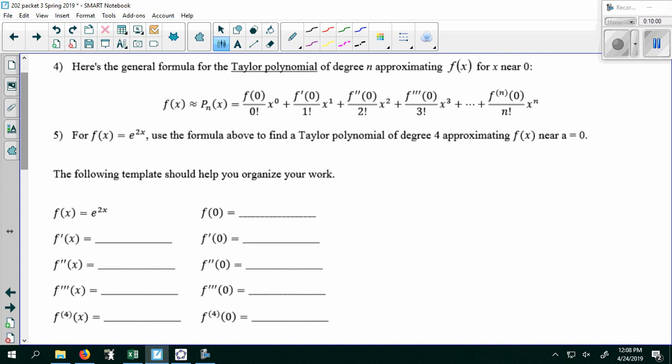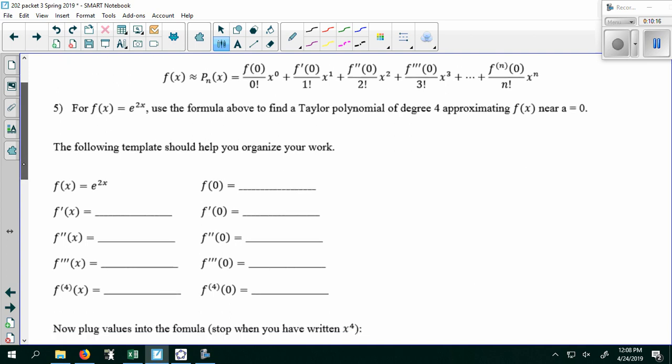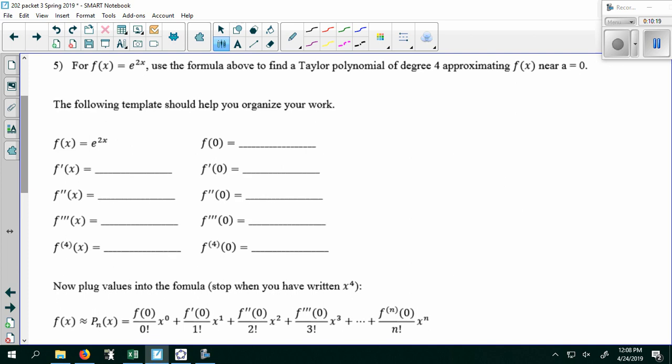Okay, so here's the general formula for a Taylor polynomial of degree n. We already found P4 for e to the 2x, but now we're just going to use this more algorithmic formula approach to find it again. So I want to find degree 4 near a equals 0, so I'm going to fill in this template.